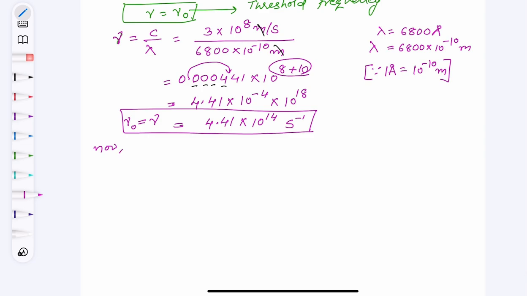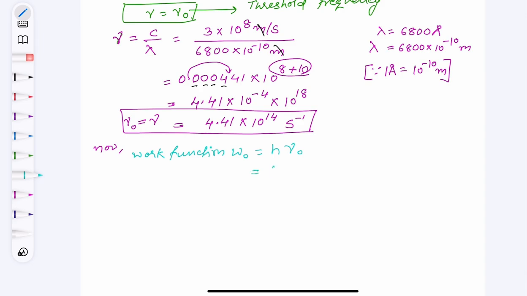Now your work function, which we represent as W naught, is nothing but h nu naught. When you multiply threshold frequency with Planck's constant, you get back the work function. So now let us put the values.